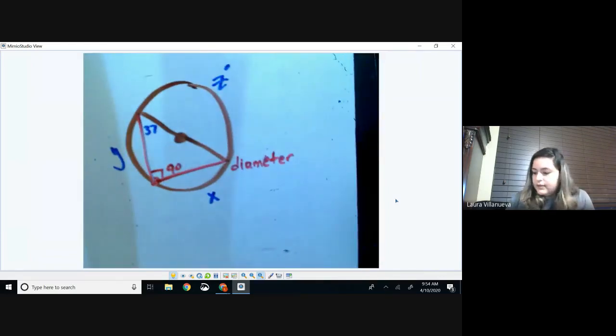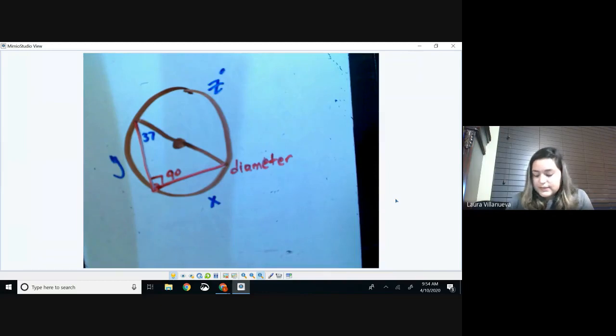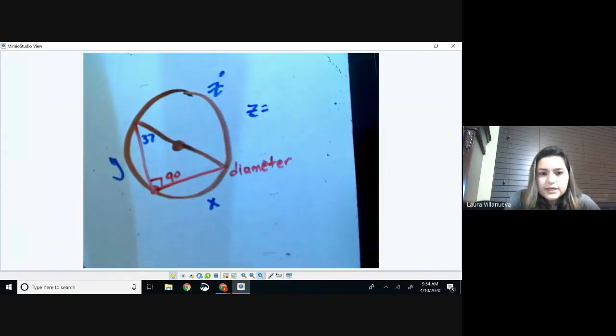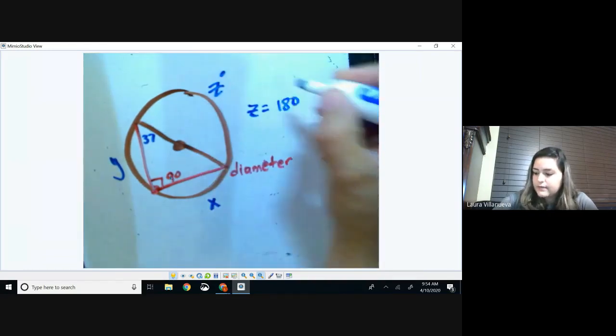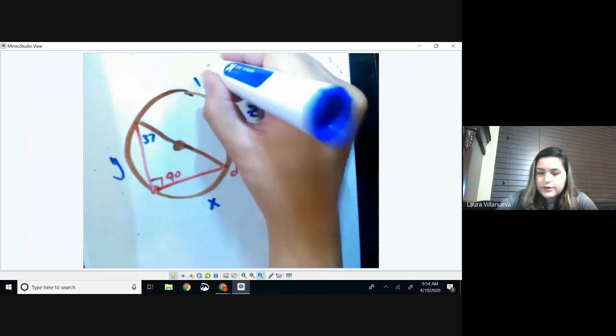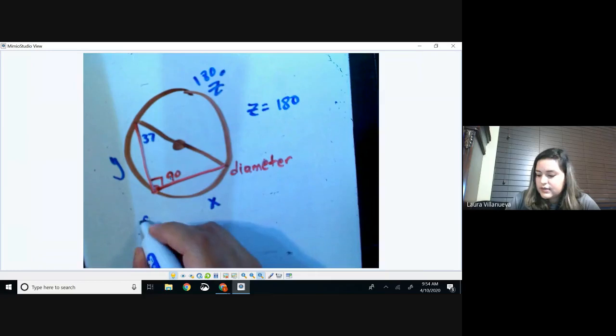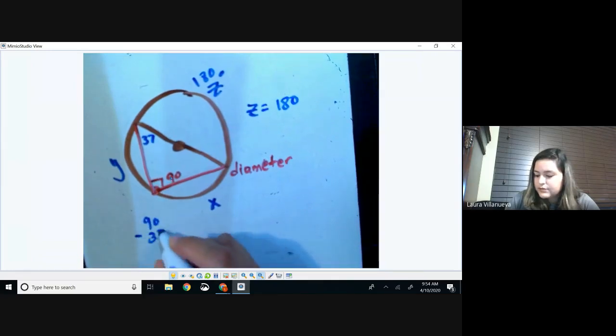Okay? The first one that we're going to find is Z because it's the easiest one. Z is equal to this arc right here, which is double the inscribed angle, which is 90. So Z is equal to 180. I'll put 180 here. If this is 37 and this is 90, I can subtract.